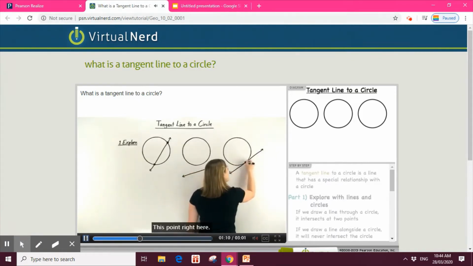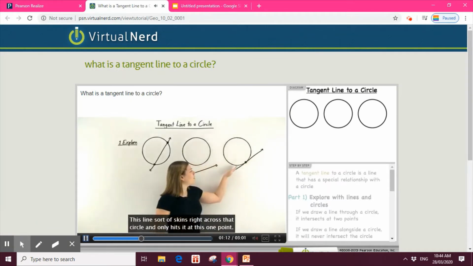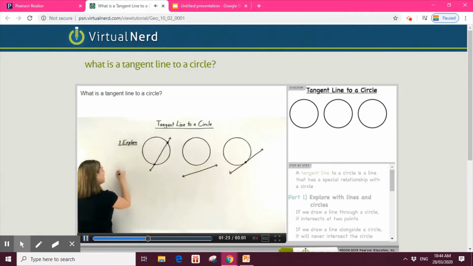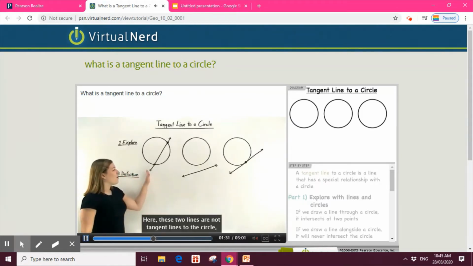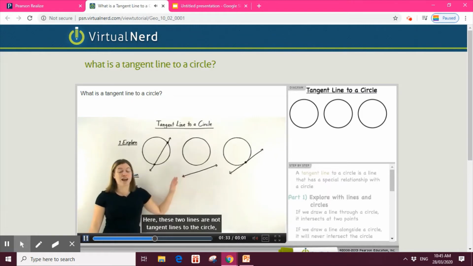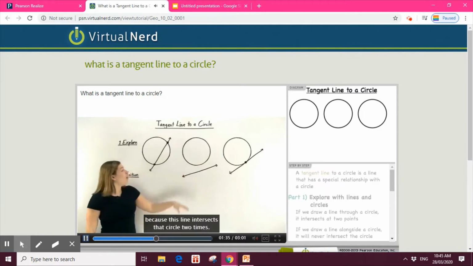This point right here. This line sort of skims right across that circle and only hits it at this one point. When we have a case like this, the line is called a tangent line to that circle. So, a tangent line to a circle is a line that intersects that circle at only one point. Here, these two lines are not tangent lines to the circle because this line intersects that circle 2 times.